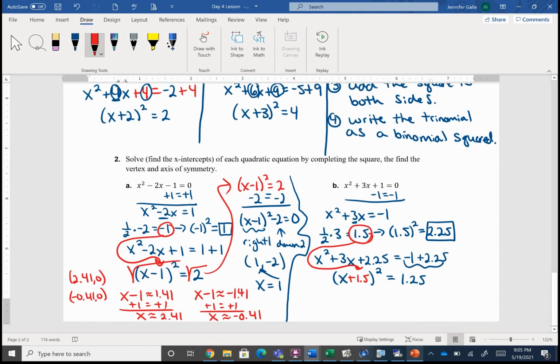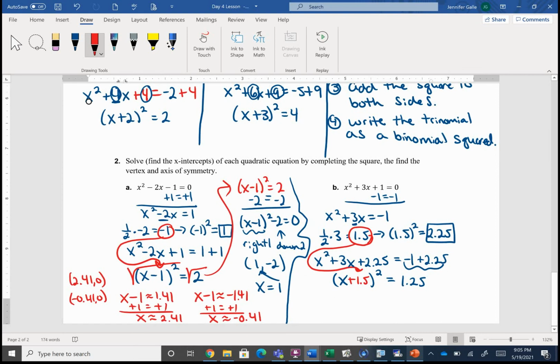Now from here, we just need to solve. To undo the square, we do square root. So x plus 1.5 is approximately the square root of 1.25, which is roughly 1.12, or x plus 1.5 is approximately negative 1.12. Subtract 1.5.